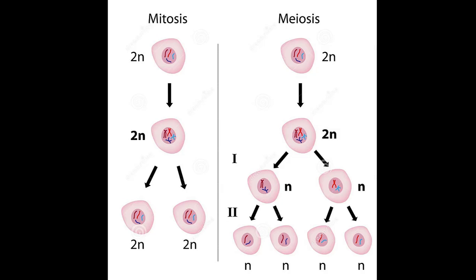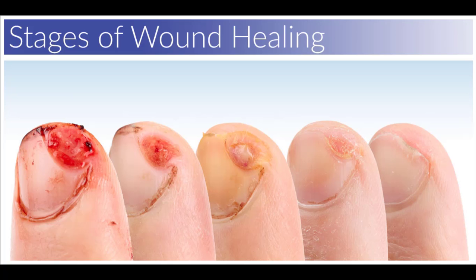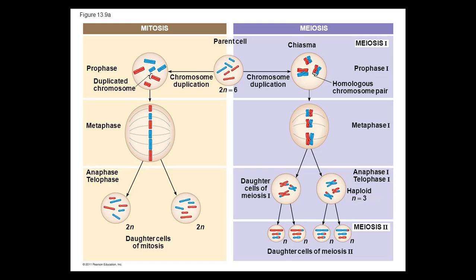Mitosis occurs in all body cells. For example, if you have cut your finger, this wound will be healed by way of mitosis, because one cell has divided into two identical cells, guys.